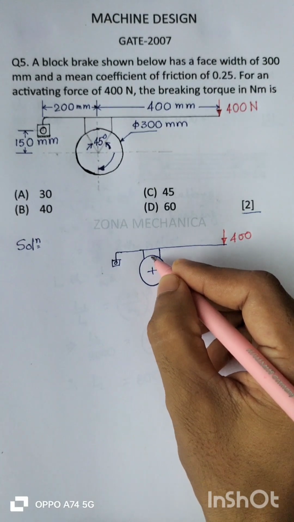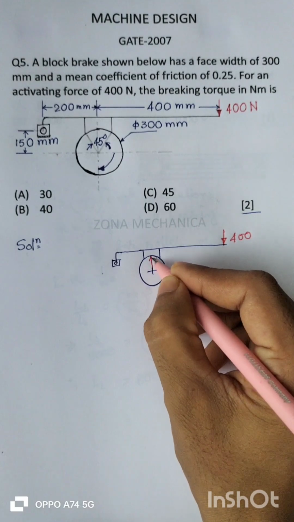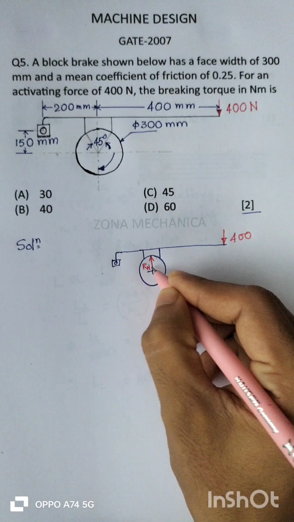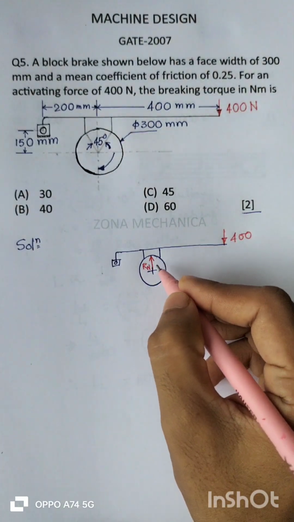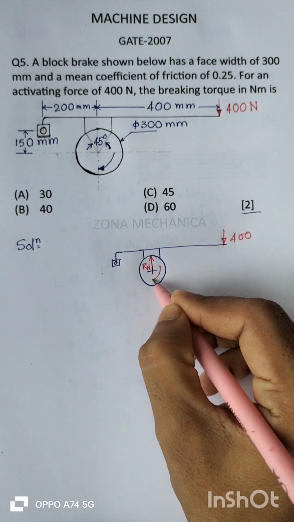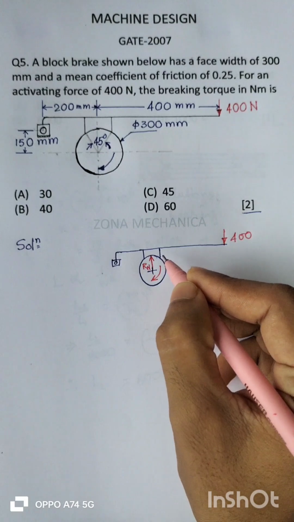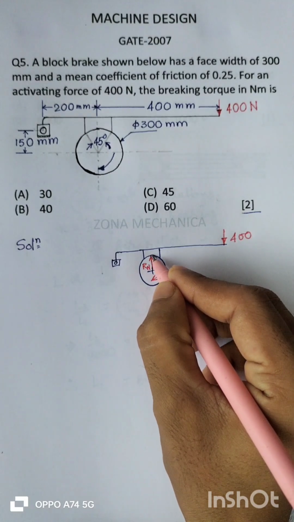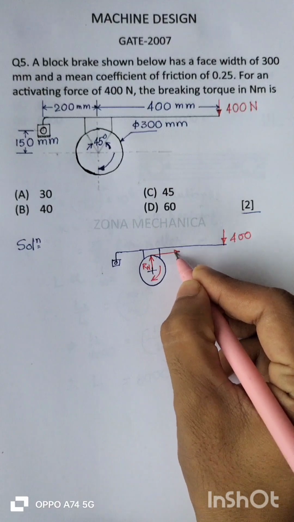In turn, the wheel will provide a normal reaction. Let Rn be the normal reaction, and since the wheel is rotating in this direction, the braking force will act in this direction.